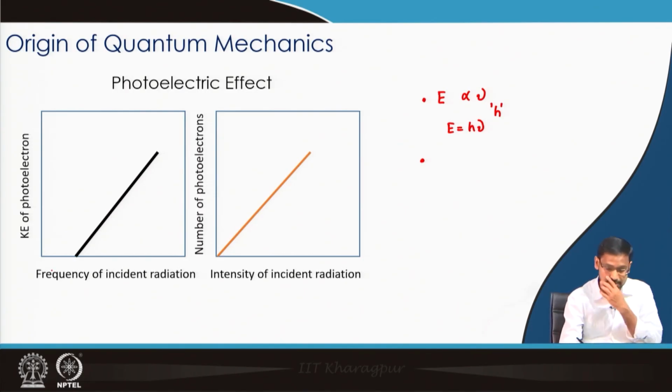So the two concepts that Einstein proposed are that light has particle-like nature, and that the energy of light comes in photons, and the metal absorbs the light energy in terms of these photons.